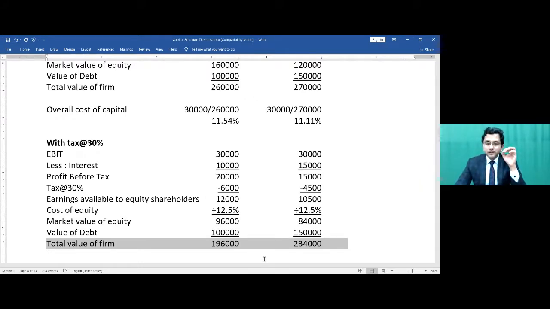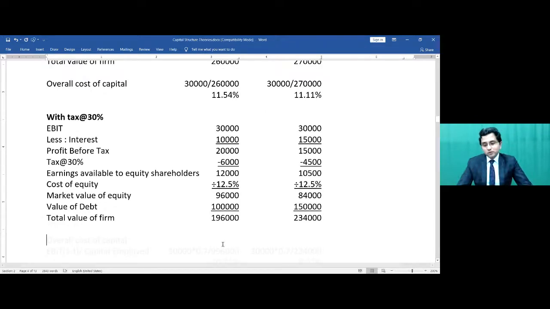Moral of the story: with income tax, NOI approach is proved even in a better manner. Here the value was increasing just by 10,000 rupees due to increase in debt. Here the value is increasing by 38,000 rupees. So the conclusion is same. If you increase proportion of debt, value will rise and overall cost of capital will reduce.